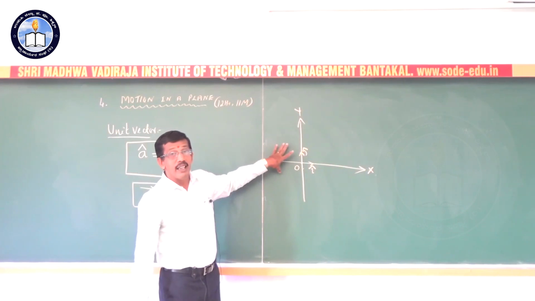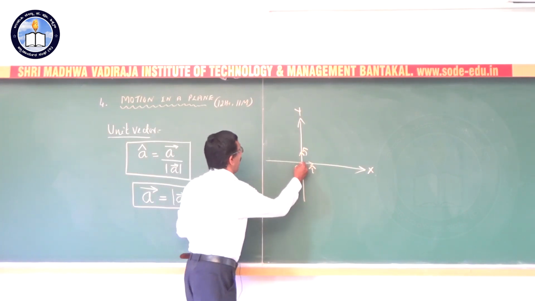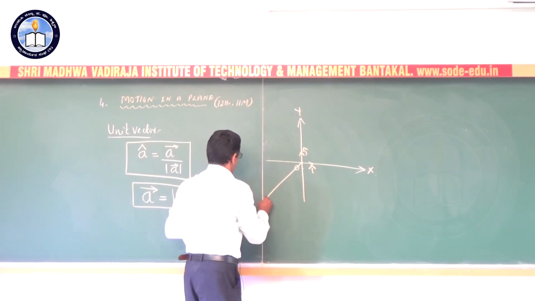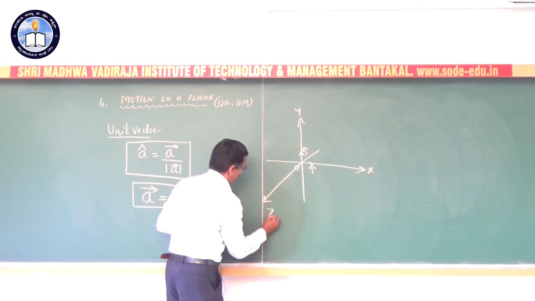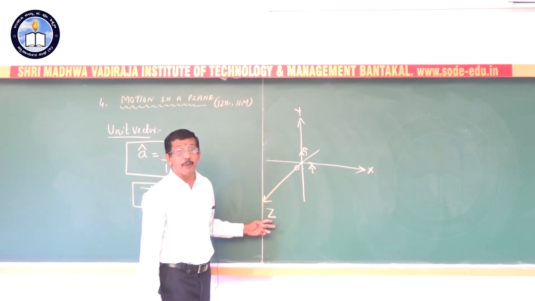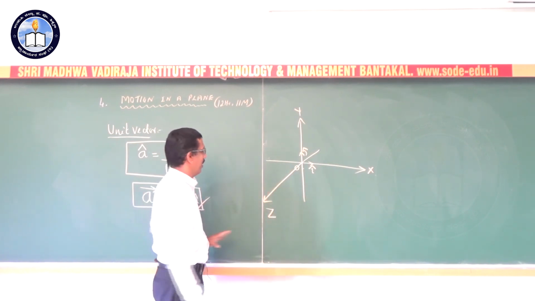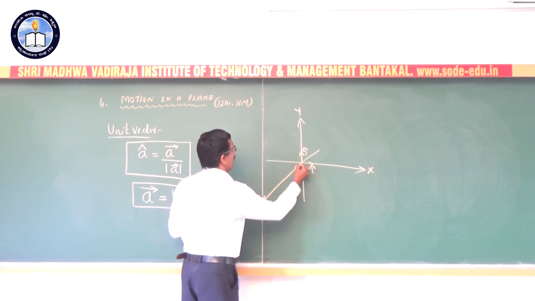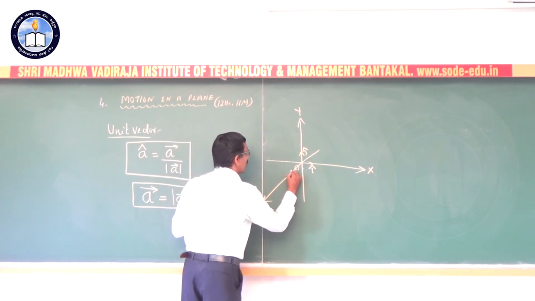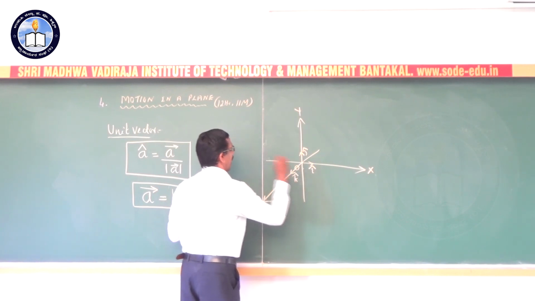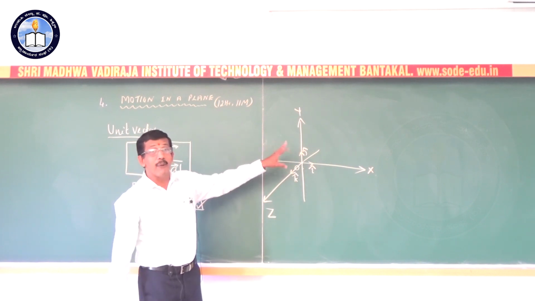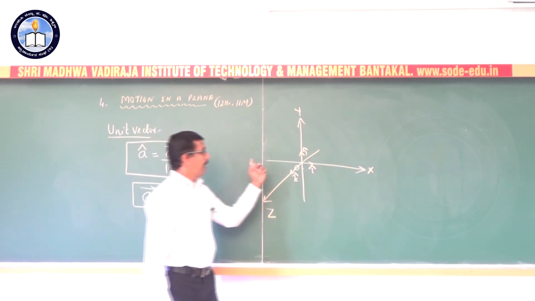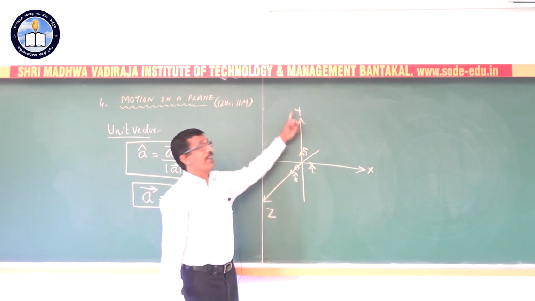Suppose in space we have one more axis. That axis is nothing but z axis. This is in case of space or three dimension. This is the origin. The direction of positive z axis is represented by k cap. Once again I repeat, in plane we have only two directions, x-axis direction and y-axis direction.